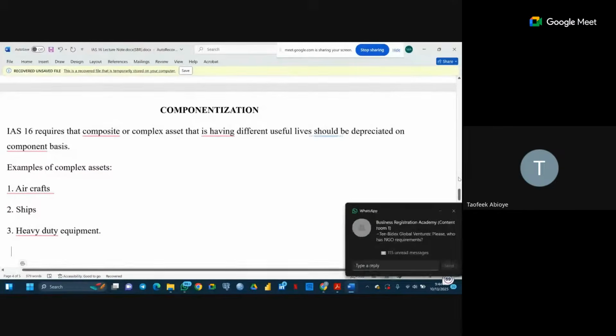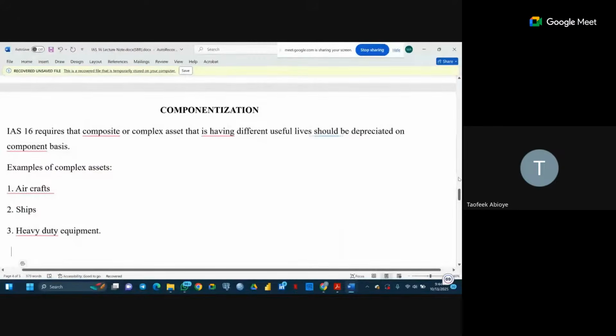So for a situation where we have an asset like this in place, we are going to make use of the componentization principle, which means that each part of the aircraft will be depreciated based on their useful life. But I don't say that, because you have said that the entire useful life of the plane is 10 years, whereas we have some engines that are expected to work for more than 30 years.